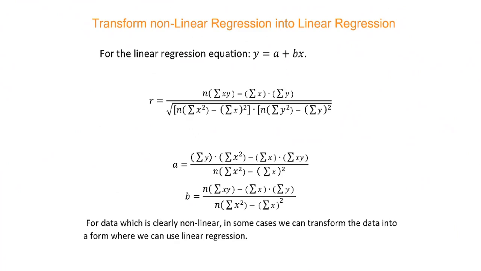Today's lesson is about transforming nonlinear regression into linear regression. As we know, for the linear regression equation y equals a plus bx, we can use this formula to figure out the correlation coefficient r, the y-intercept a, and the slope of a linear regression equation b.